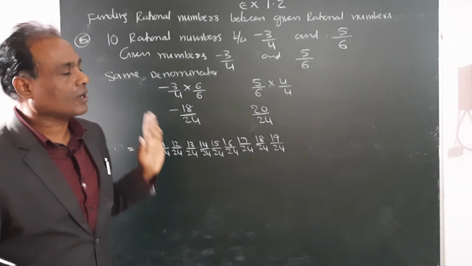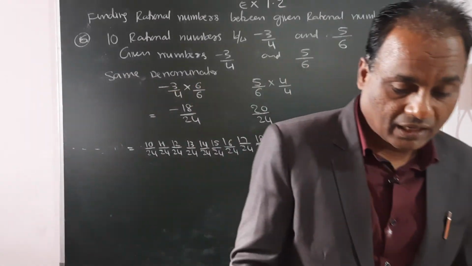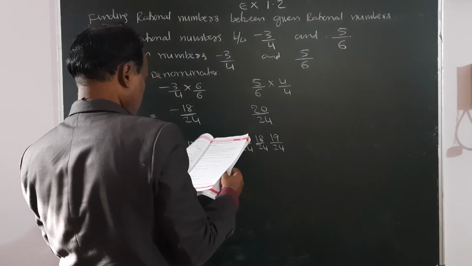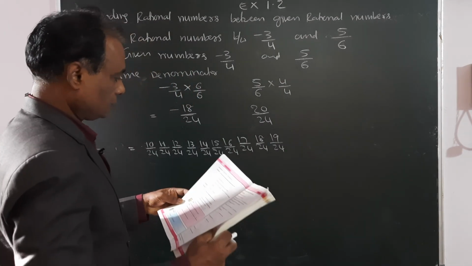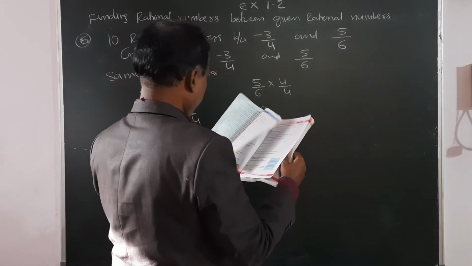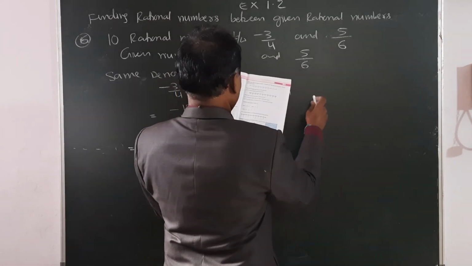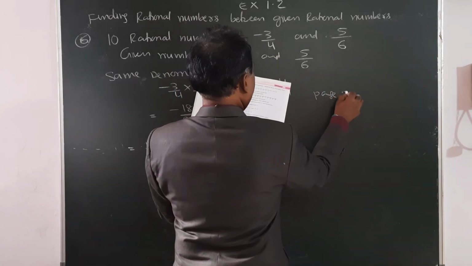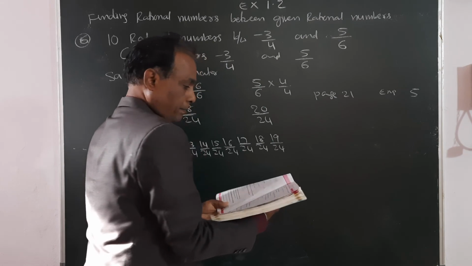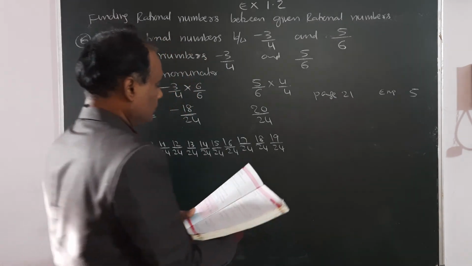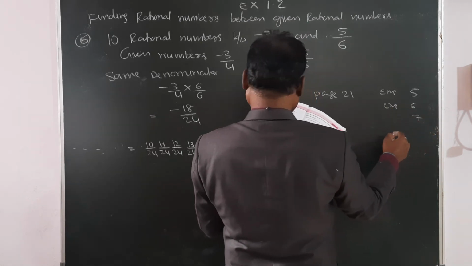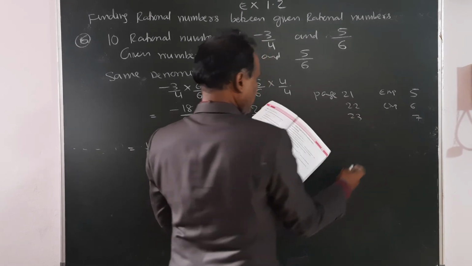With this we completed exercise 1.2, and this is the homework. Page 21, example 5, example 6, example 7, page 22, page 23.